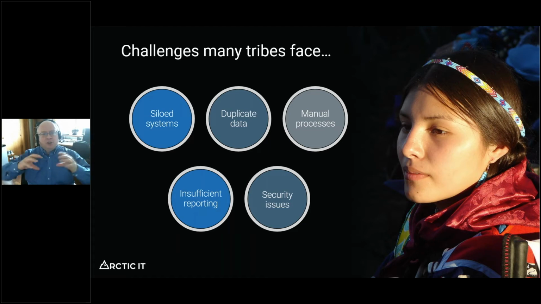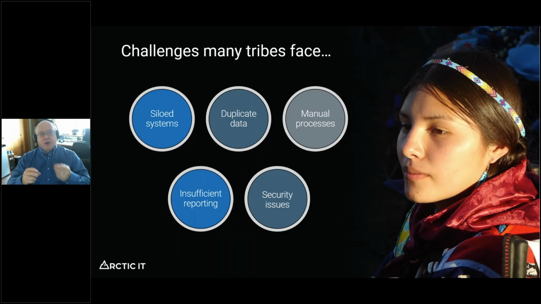So that's one of the challenges in that tribal members are frustrated because each of these departments have their own systems, and they don't share that information, and it makes it more difficult for the end user, for the community member. And what that does is it creates duplicate data, and not only duplicate data, but then you get out-of-date information.